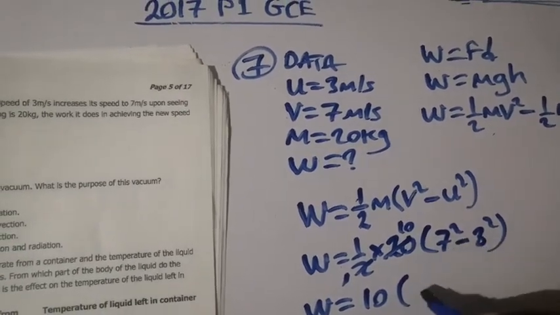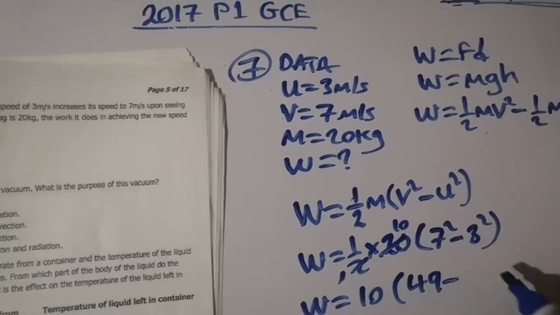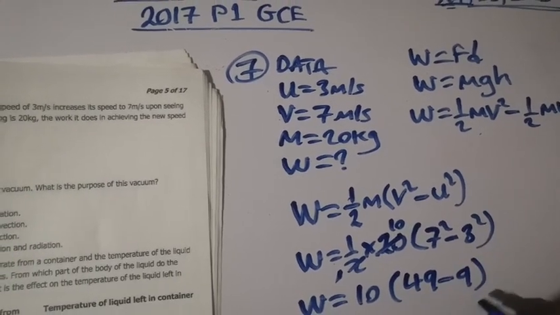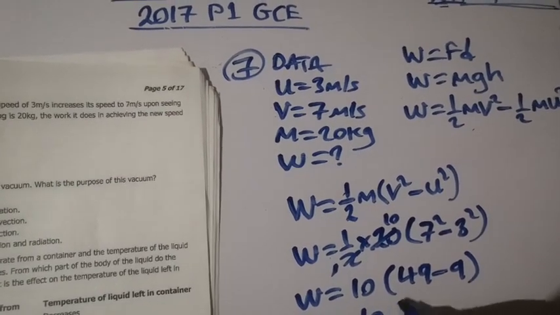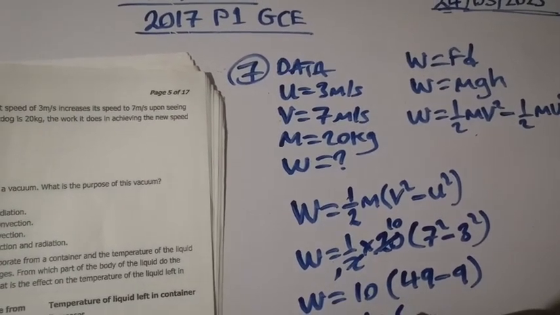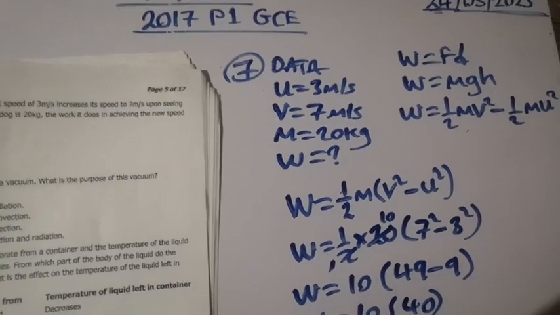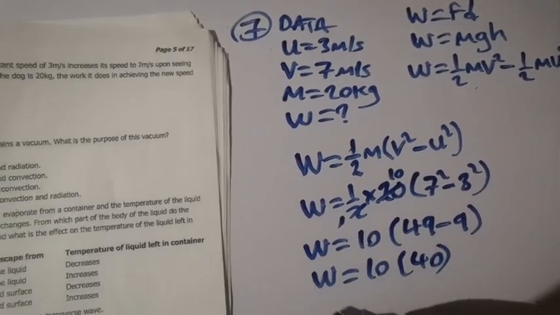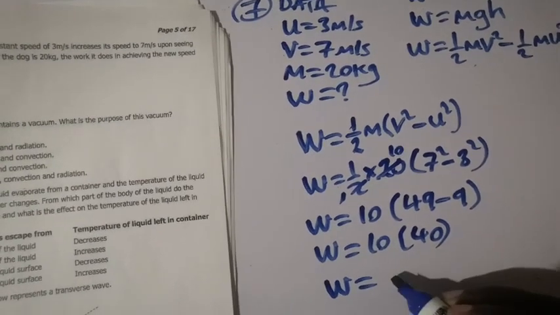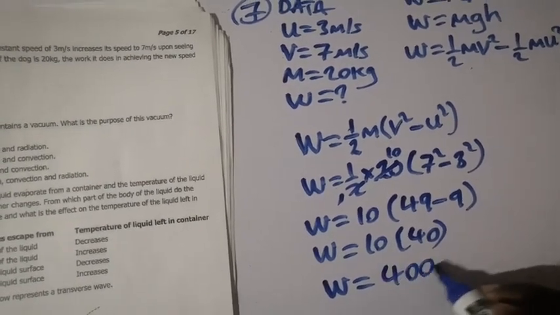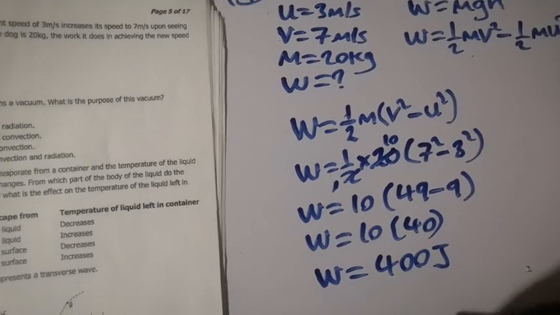Now 7 squared is 49 minus 3 squared is 9. So work done equal to 10, then 49 minus 9 is 40. So work done equal to 10 times 40, which is equal to 400 joules.